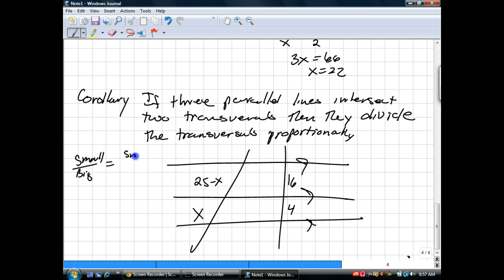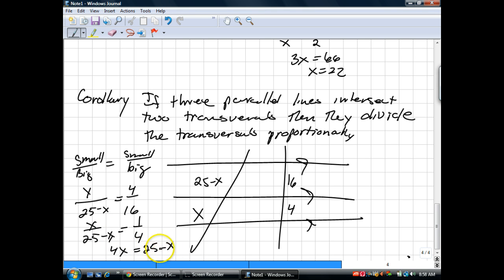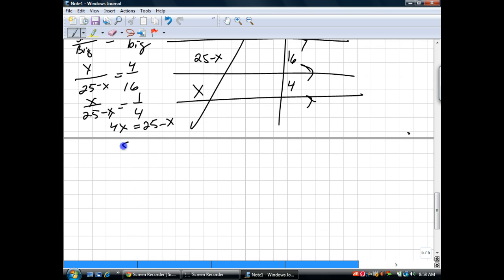So I'm going to do x over 25 minus x equals 4 over 16. And again, we can reduce. Then we would cross multiply, so we get 4x equals 25 minus x. Add x to both sides. So we get 5x equals 25, so x equals 5.